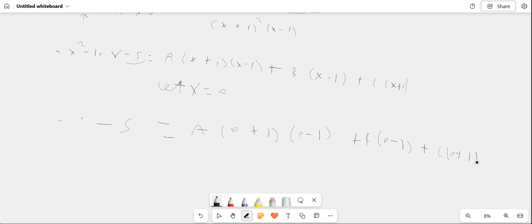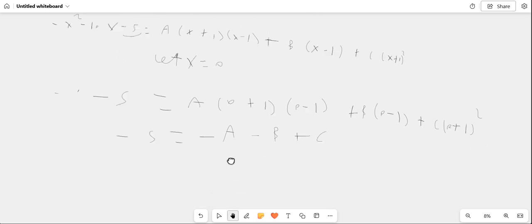And now, simplify. So that's -5 is equal to plus 1 times -1 is -1, so that's minus a, plus minus b. So just write minus b. And then plus 1c, because 0 plus 1 is 1, so 1 squared is 1, so plus c. Alright, calm.